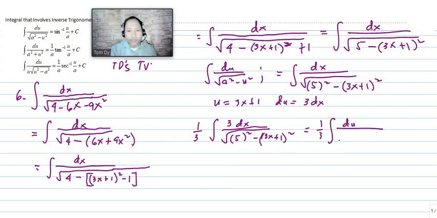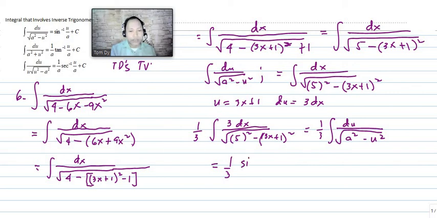integral of square root of this 5 squared, that is our a squared, minus this 3x plus 1, our u is 3x plus 1, so u squared. Therefore, our final answer is 1/3 then du we have here. So we will apply now this formula, arc sine of u over a.